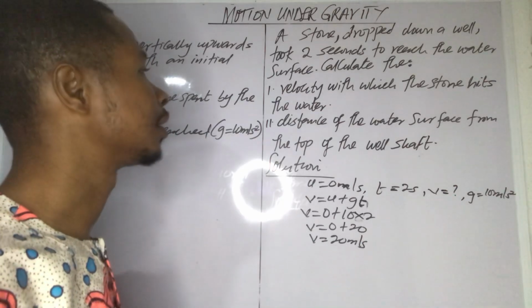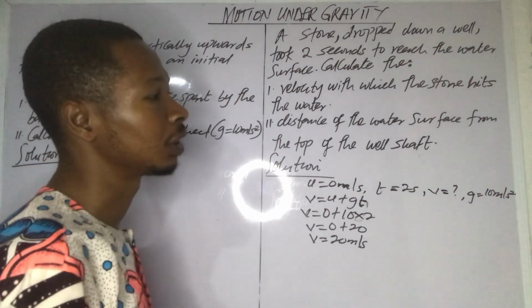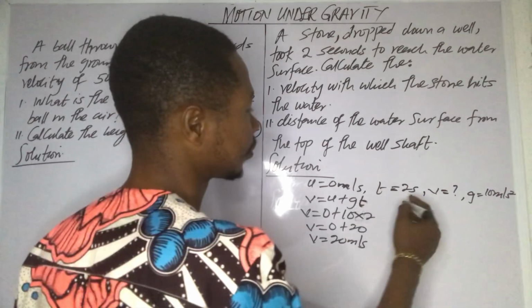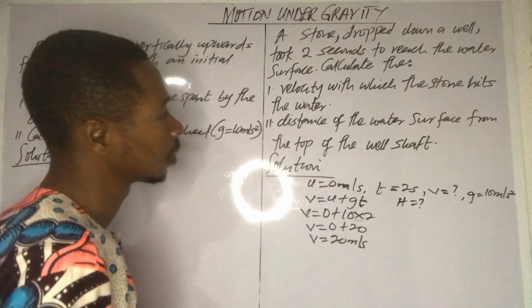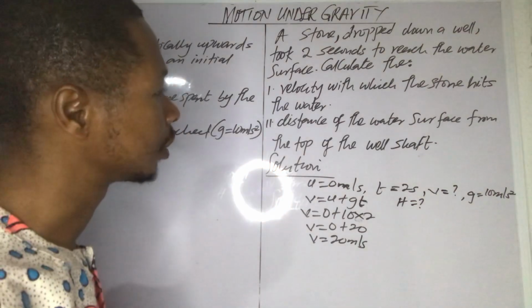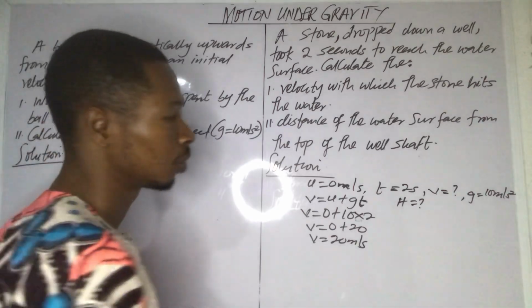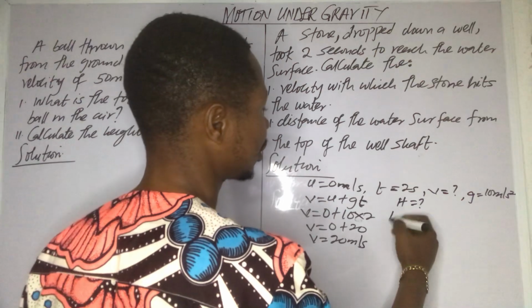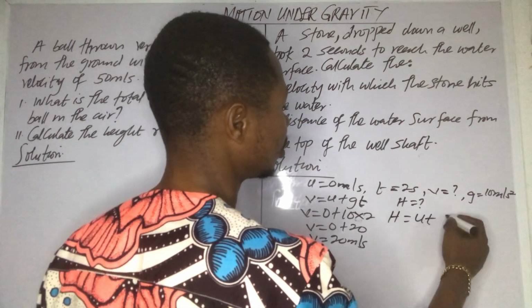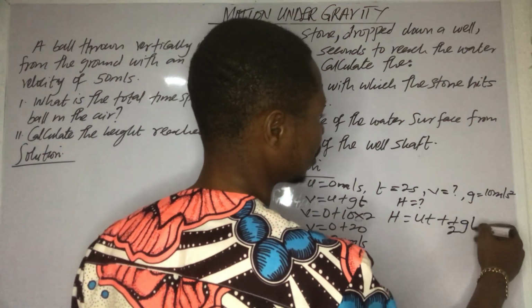Then the height, the distance of the water surface from the top of the well shaft, that's the height now. To get our height, using either equation 2 or 3, equation 2 states that height, h, is equal to ut plus half gt squared.